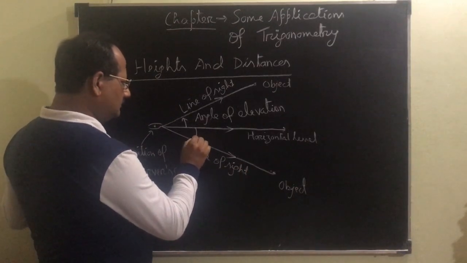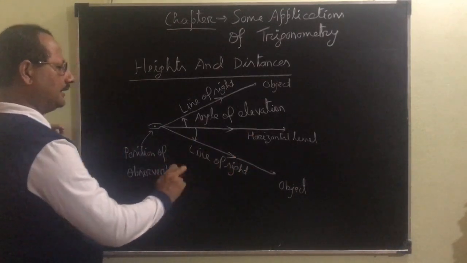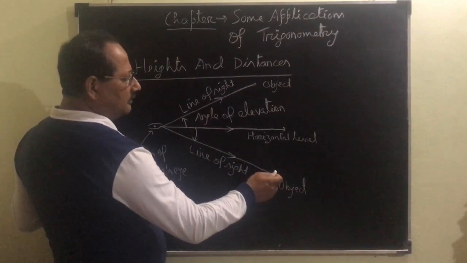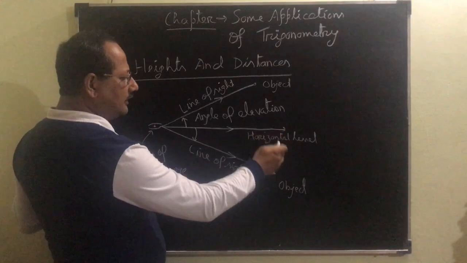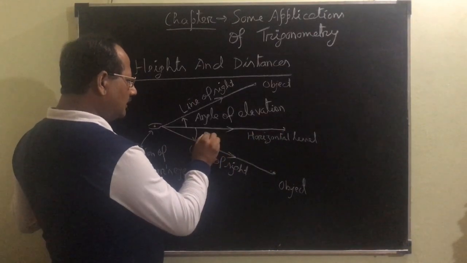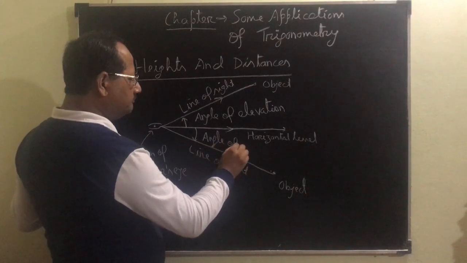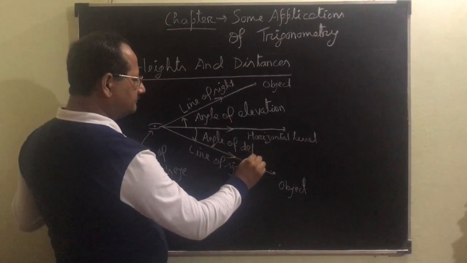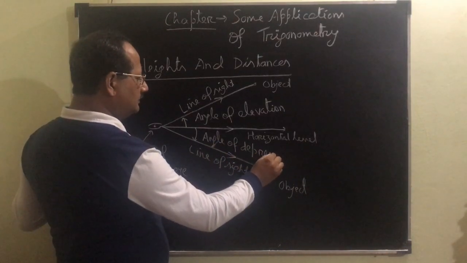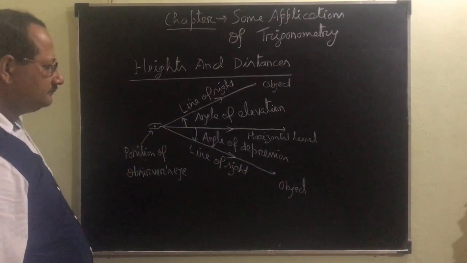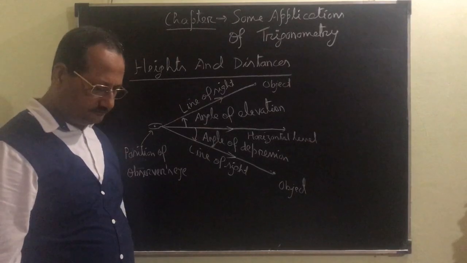And this angle made by the horizontal level with the line of sight of the object situated below the horizontal line is called the angle of depression.